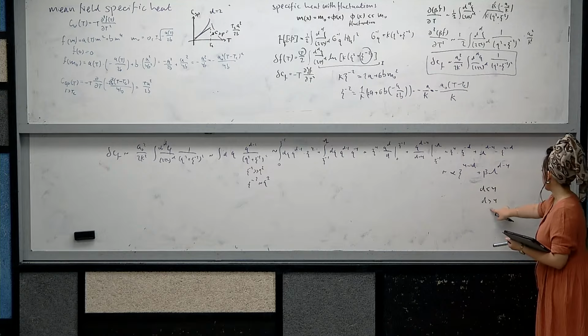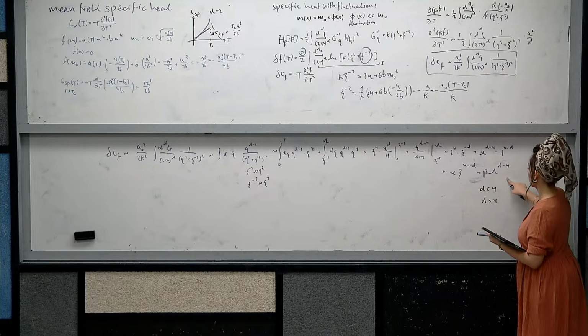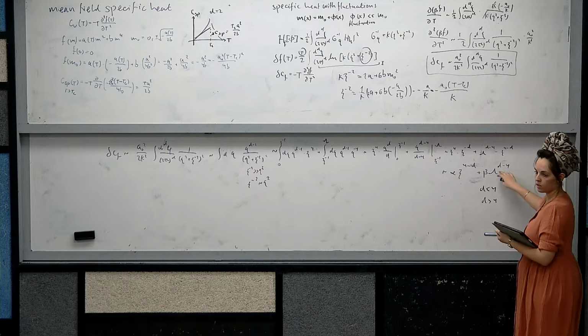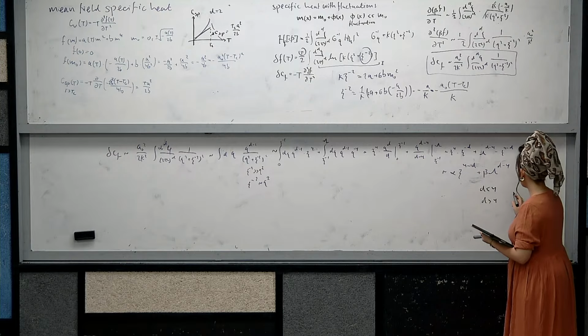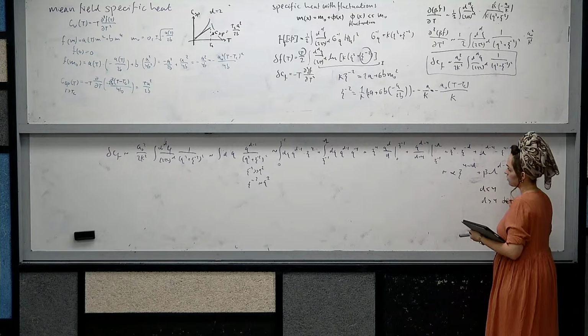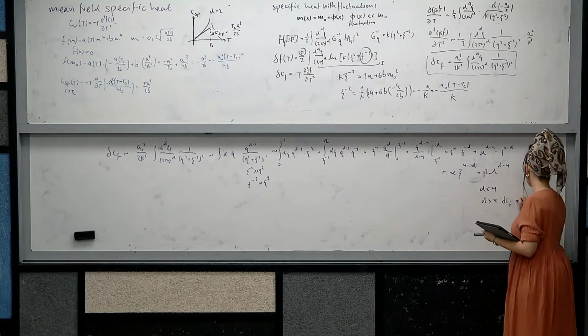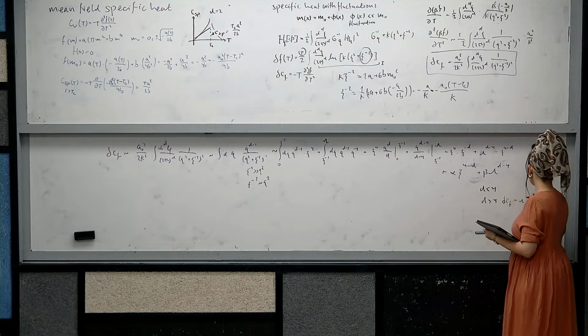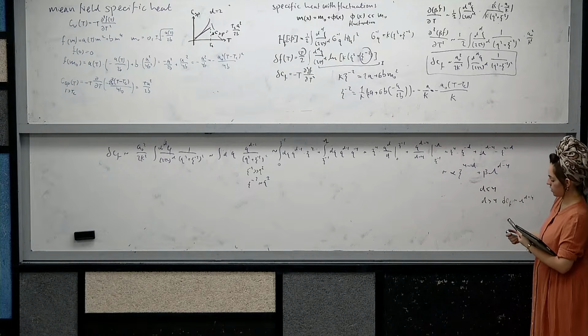For d larger than 4, the lambda term is the important one because it has the positive power. So delta CF is just a constant addition.